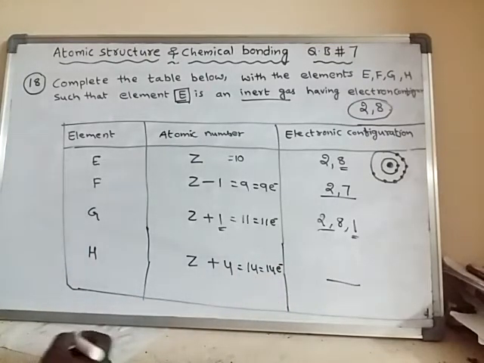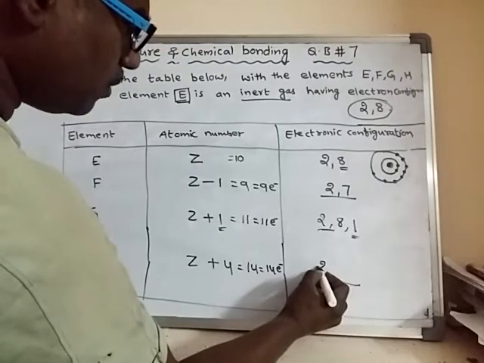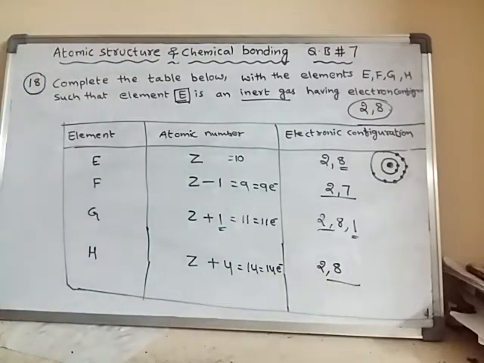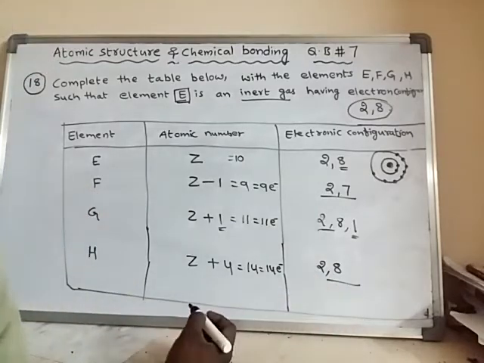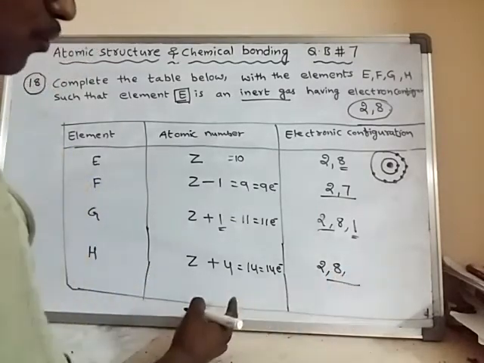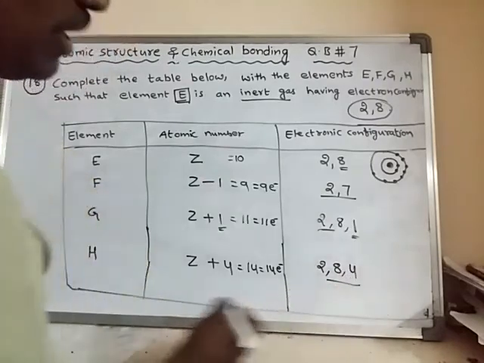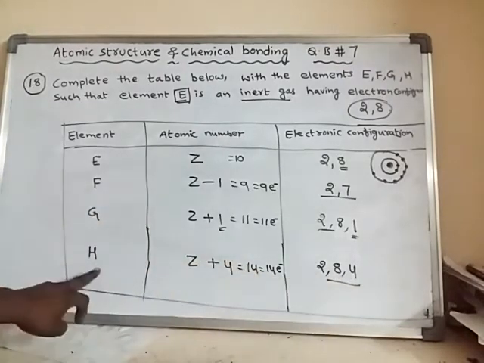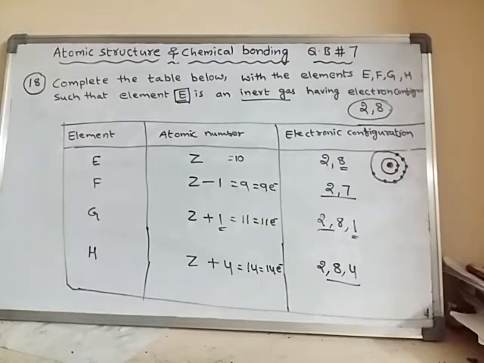When 14 electrons are present, how to fill? First orbit 2, second orbit 8. So 10 electrons are finished. Next 4 more electrons are present in the outermost orbit. That means here the third orbit is the outermost orbit for element H.